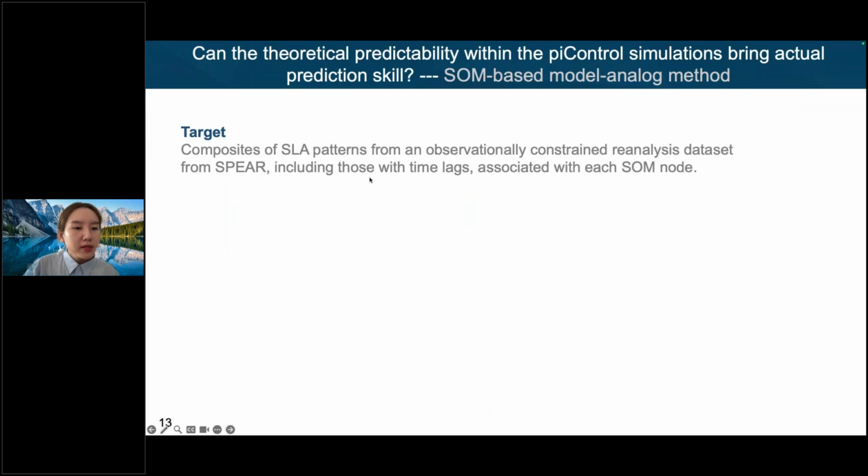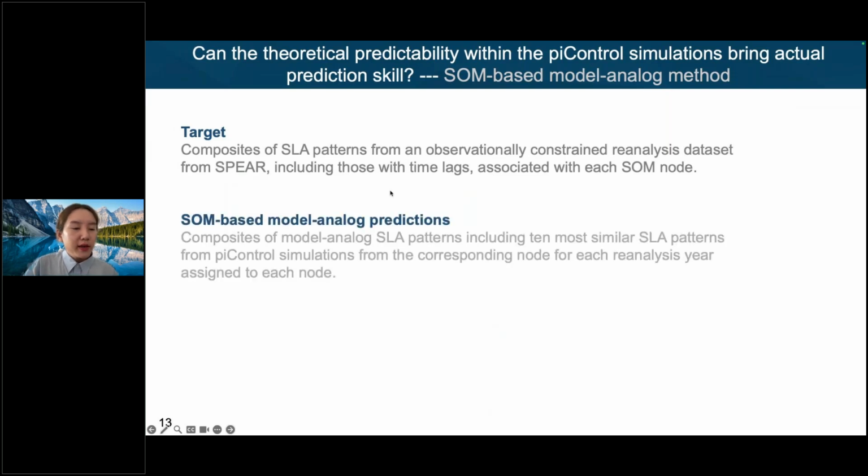We composite these patterns from this reanalysis data set onto each SOM node, including those with time lags, as our target. The predictions from the SOM-based model analogs are the composites of the model analog sea level patterns, including the 10 most similar sea level anomaly patterns from the pre-industrial control simulation from the corresponding node for each reanalysis year assigned to each node.